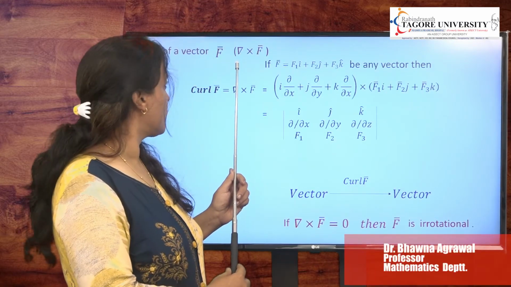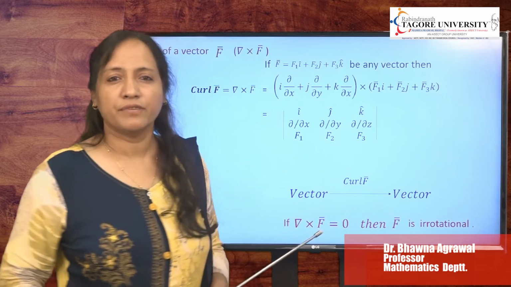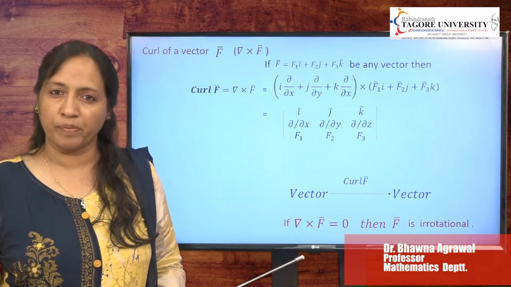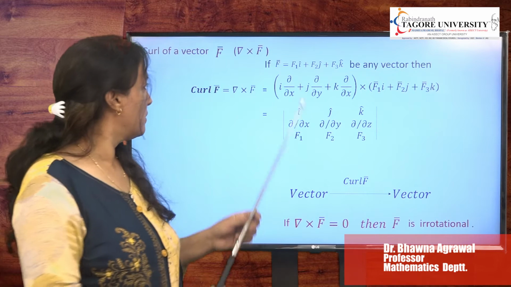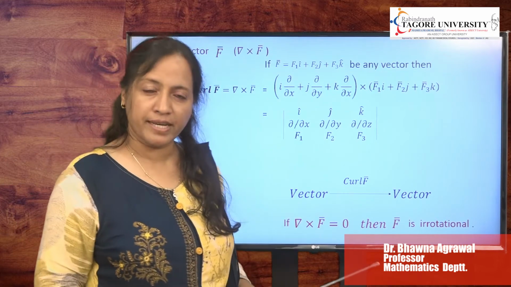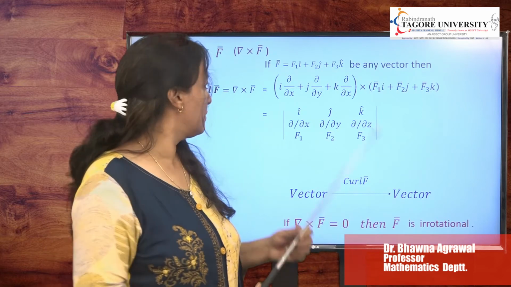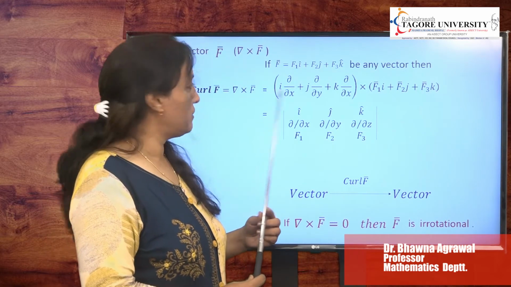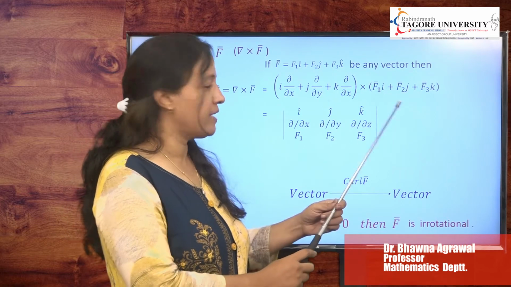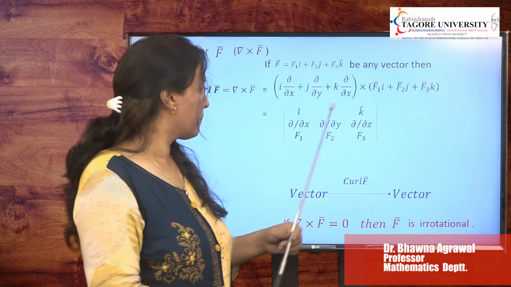Curl of a vector function. If curl is there, then it is the cross product between the operator and the vector function. If f is equal to f1 i plus f2 j plus f3 k, we take a vector function and apply curl over it: the cross product between del and this vector function.